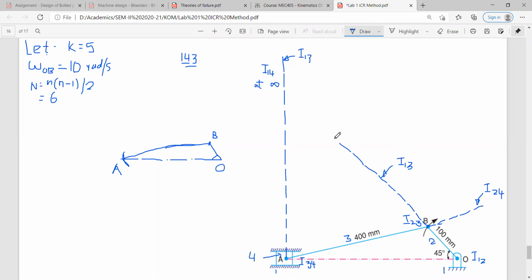Here I will extend it. Okay, so I will get a point here and this point will be my point I13. Understood?